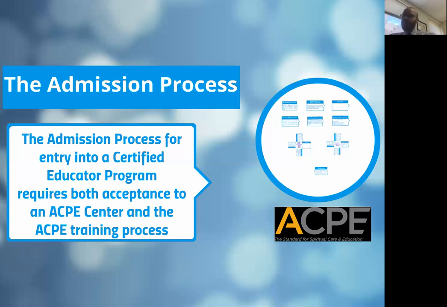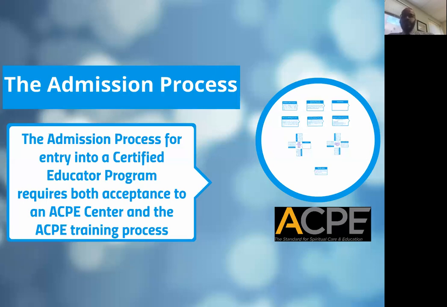A couple of things before we get into the presentation. I want to clarify some terminology. We have been used to the acronym SES, Supervisory Education Student. For the purposes of this presentation and moving forward, we are moving towards calling any applicant or student that goes through our certification process a CEC, Certified Educator Candidate.